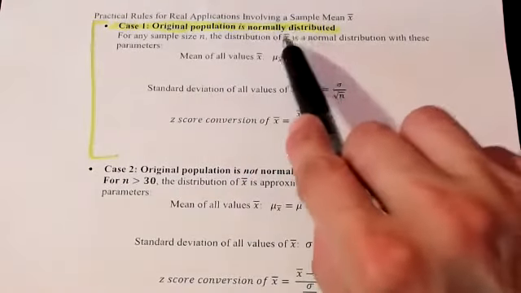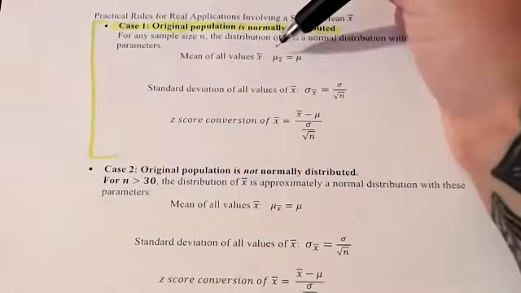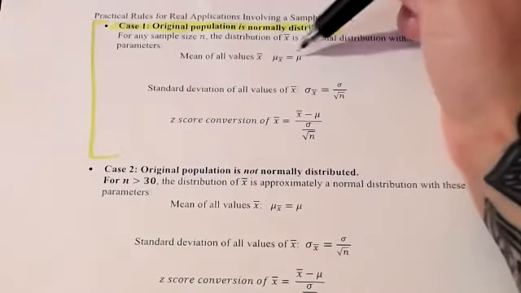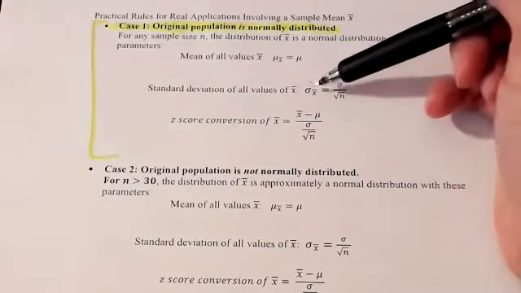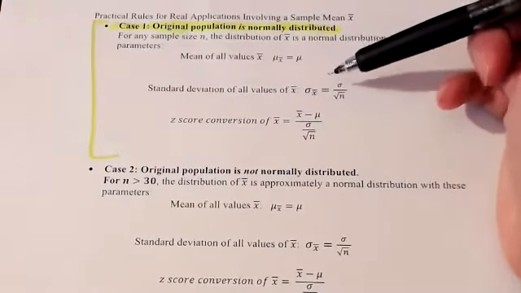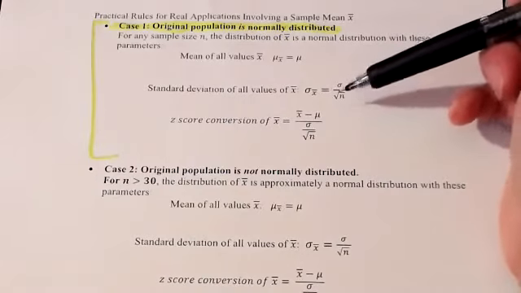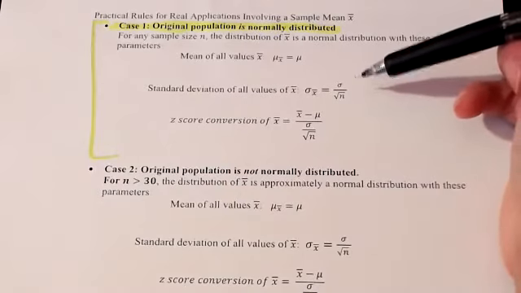distribution of the sample mean is a normal distribution with these parameters. The mean of the sample means is going to be the same as the population mean. That's the first thing. The standard deviation of the sample means is going to be calculated by taking the standard deviation and dividing it by the square root of n. Notice the formula here.